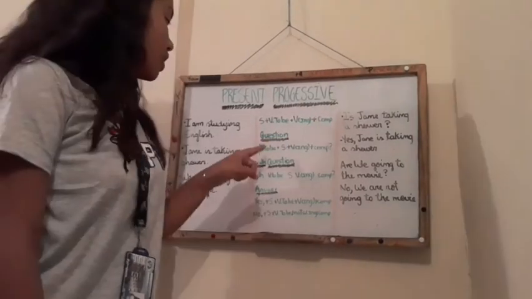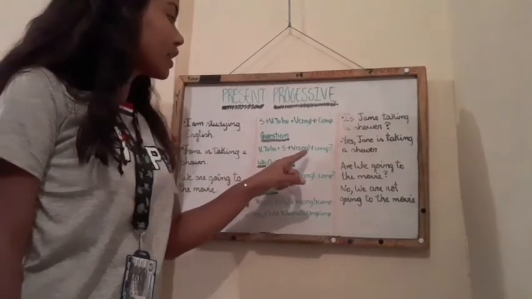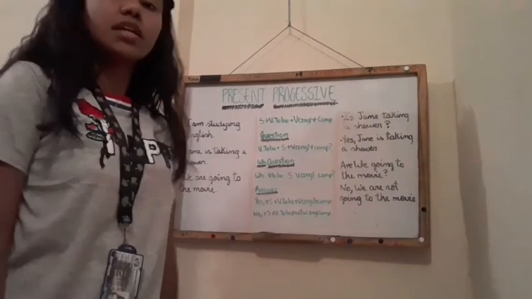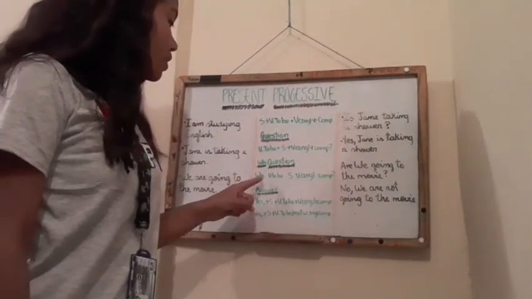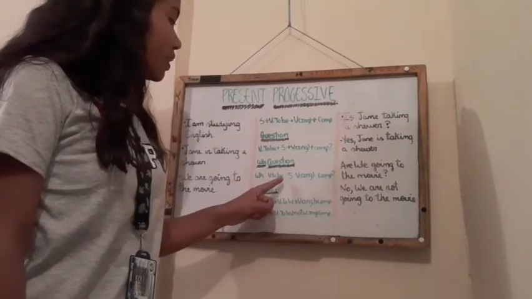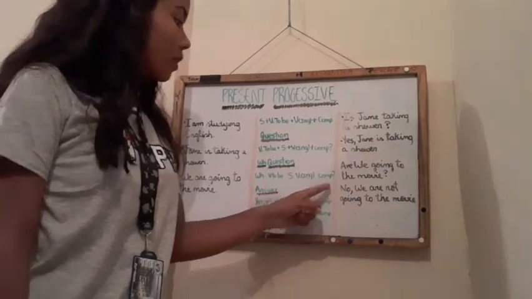In questions, verb to be, plus subject, plus verb with -ing, plus complement. In a what question, it is what plus verb to be, plus subject, plus verb with -ing, plus complement.